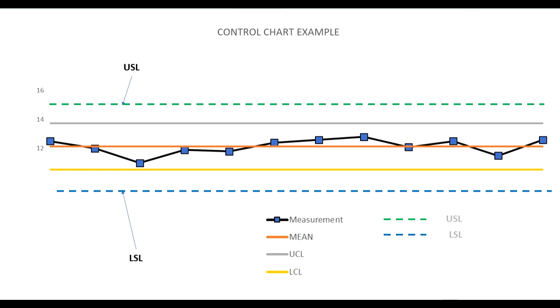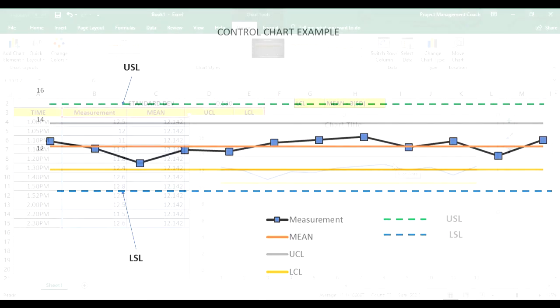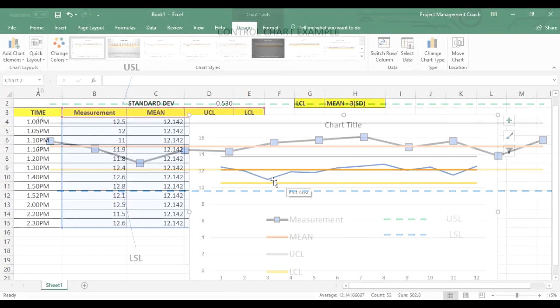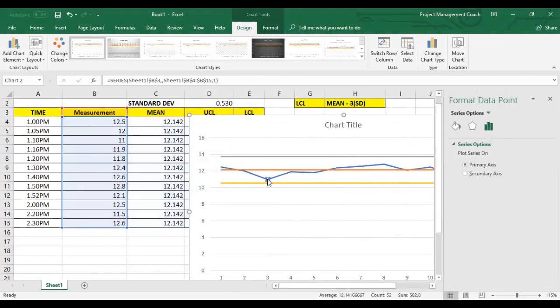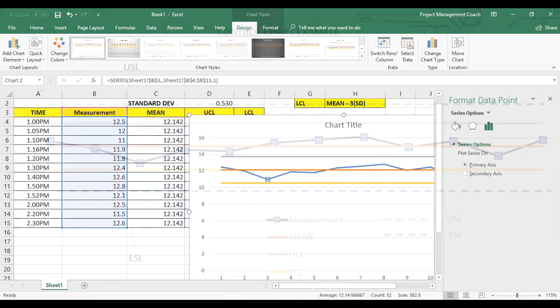Okay, so taking a look at this chart, you can see that for the most part, apart from that point right there, point 11, which is like the worst, that was cutting it close.